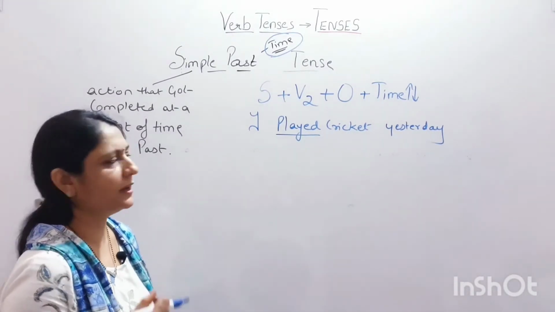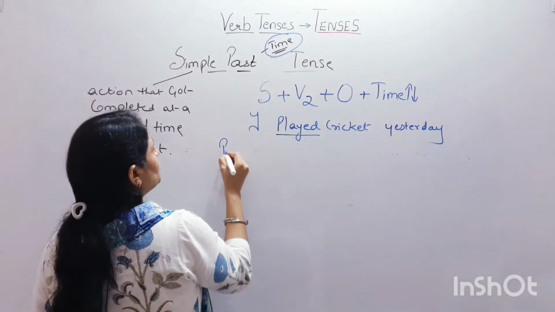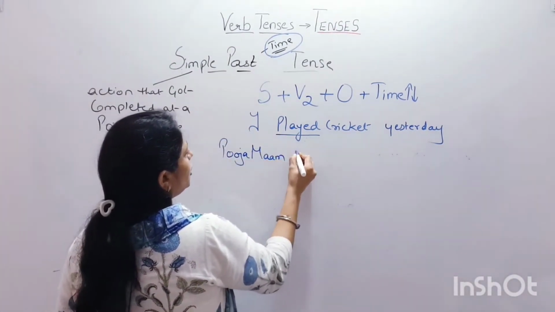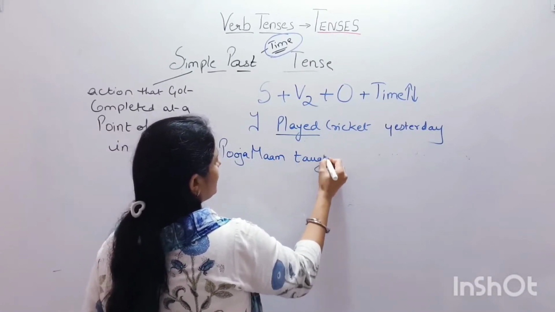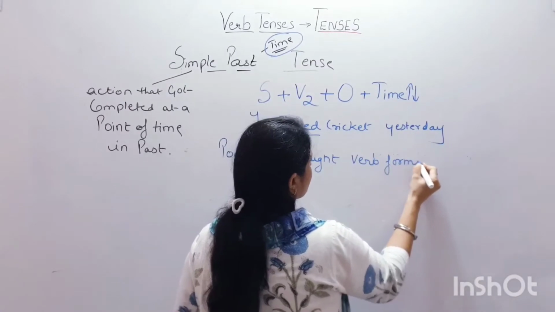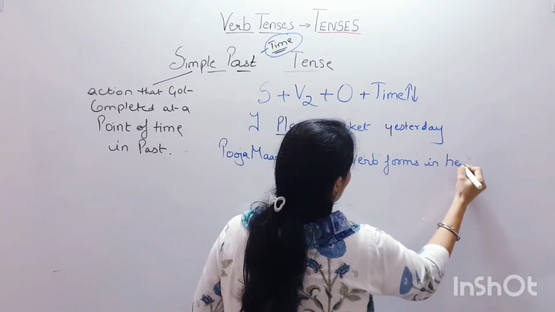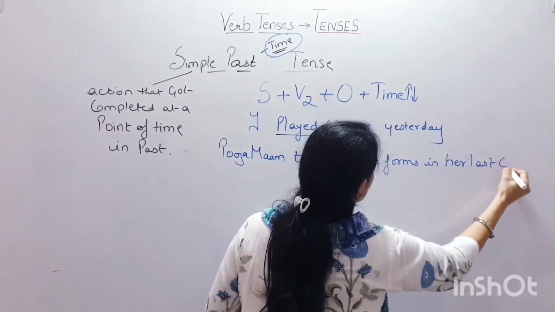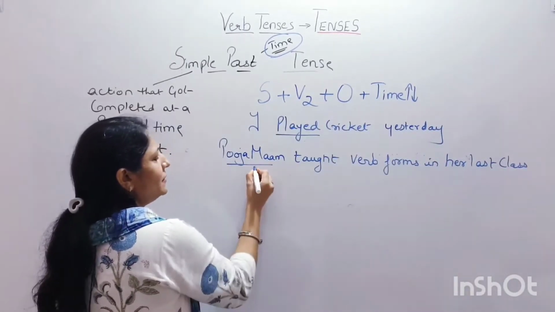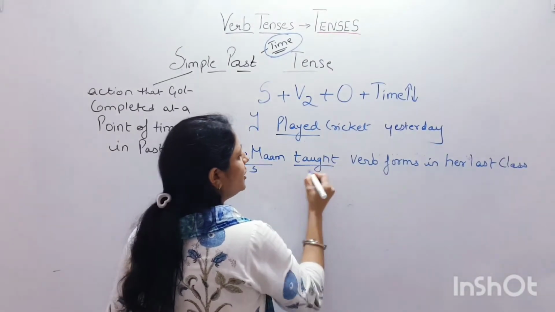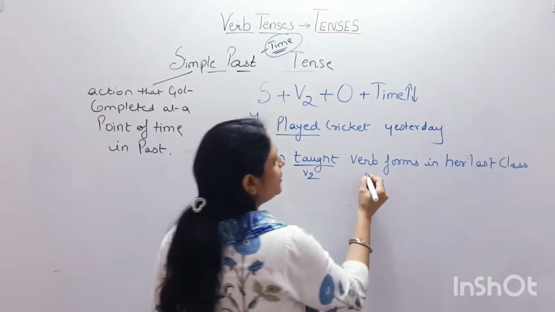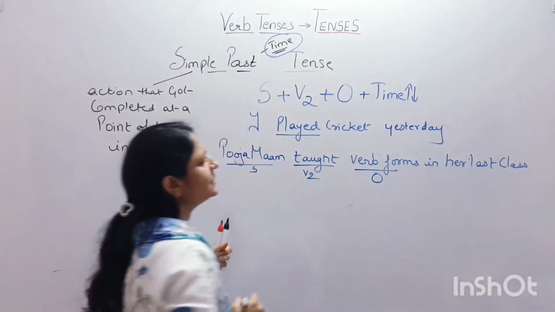Verb forms पढ़ाया था. तो I can say Pooja ma'am taught verb forms in her last class. Now see, Pooja ma'am here is the subject, taught is the V2 form, I taught what? I taught verb forms. This is the object.